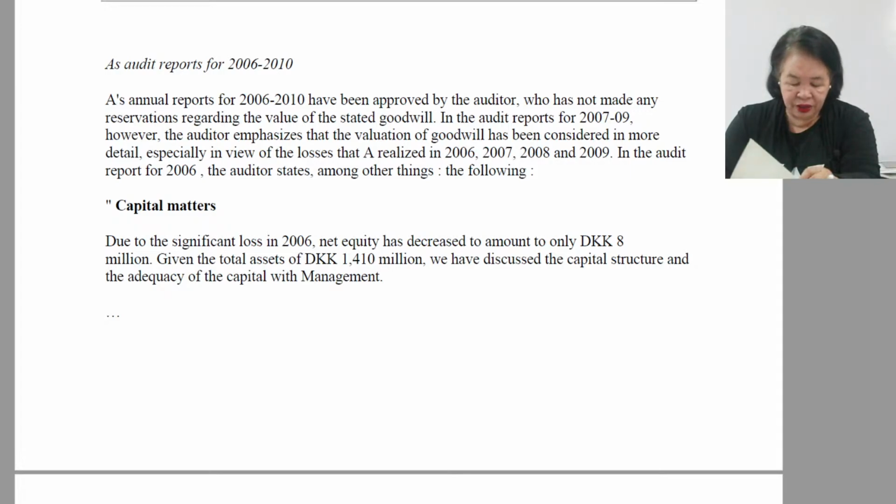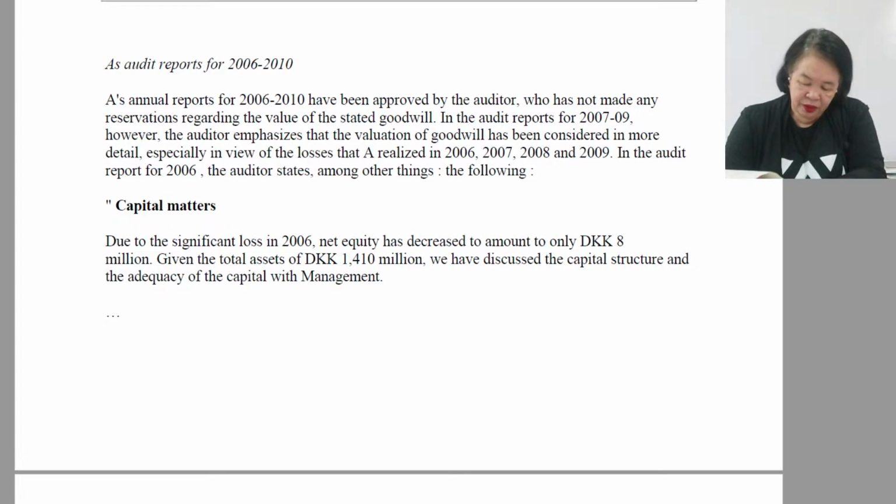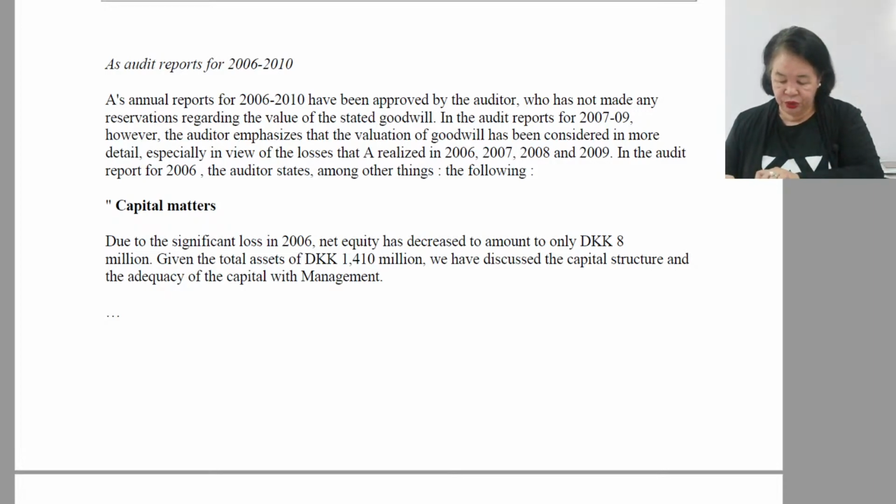So in the audit report for 2006, the auditor states, among other things, the following. Oh. So ito yung audit report. No? So capital matters, due to the significant loss in 2006, no?